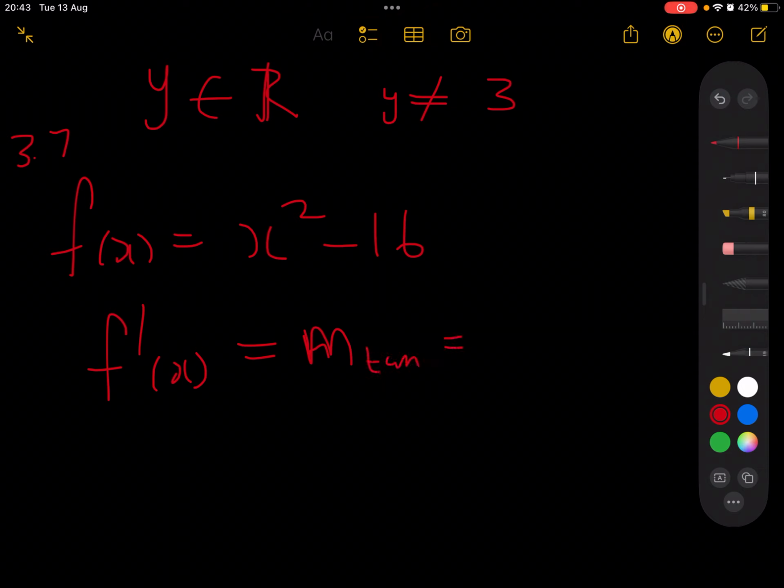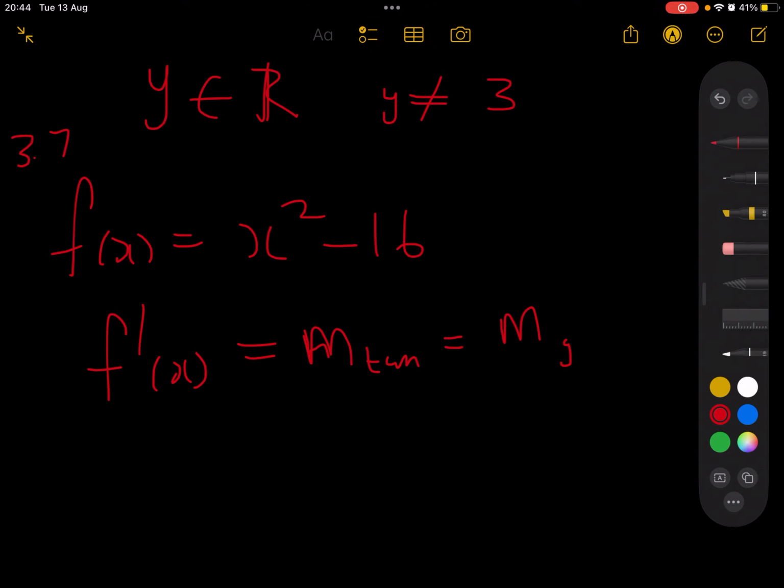They said the tangent is parallel to g, which means the gradient of the tangent is also equal to the gradient of g. But we already know that the gradient of g is given by minus 2.